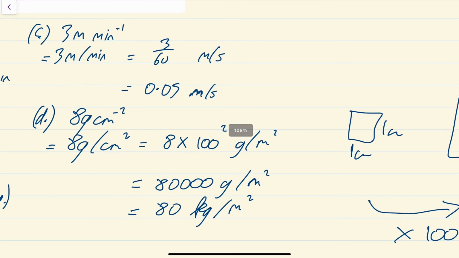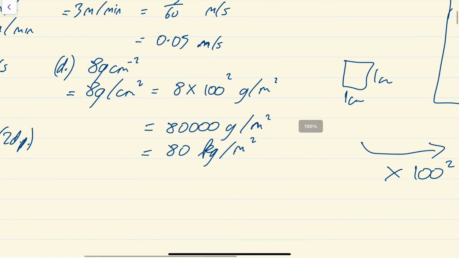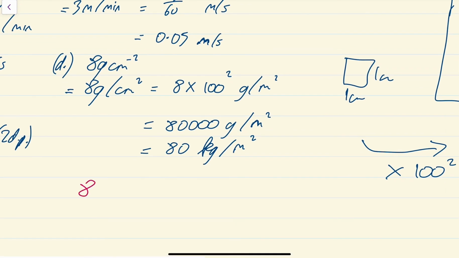And that's it. Okay, just to show you that question, 8 grams per centimeter squared. You could have converted first into kilograms by dividing by 1000. So 8 divided by 1000 is 0.008 kilograms per centimeter squared.